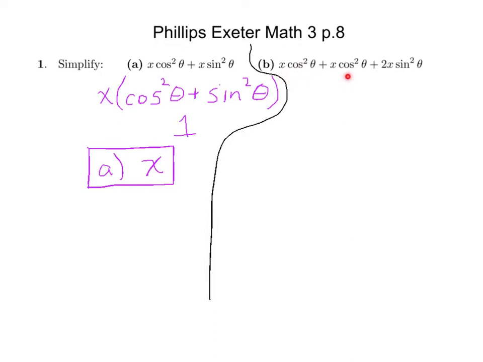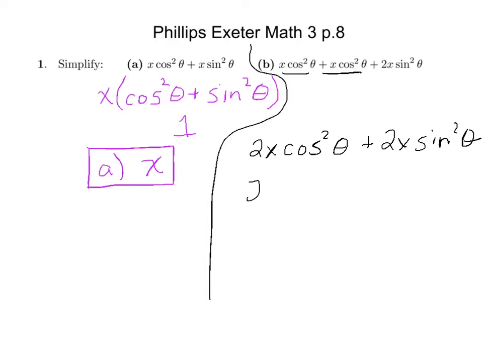So that equals 2x cosine squared thetas from those two. Plus the 2x sine squared theta. And now we can factor out the 2x, just like we just did. And then cosine squared plus sine squared.